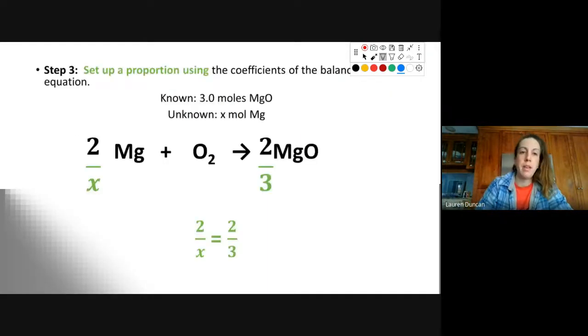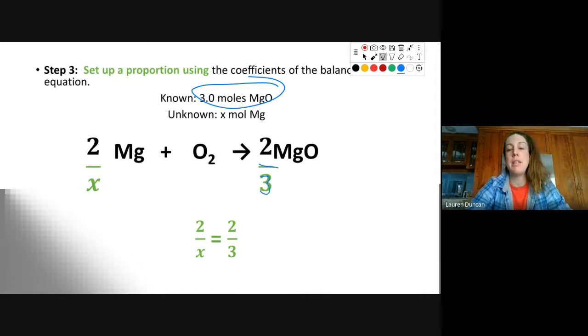So you might just note it in the problem you're given or write it down if that's what floats your boat. And then if you can't see it based on the information you're given in the balanced chemical equation, set up a proportion using the coefficients from the balanced chemical equation and what you know and what you want to know from the actual problem itself. So just one more time, I'm knowing that I want to make 3 moles of magnesium oxide instead of the 2 the reaction is written for.